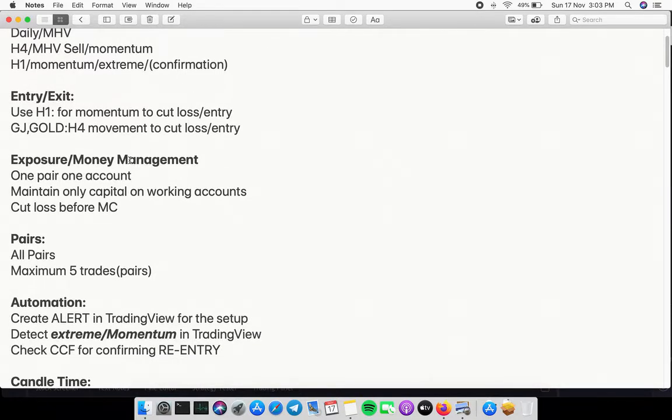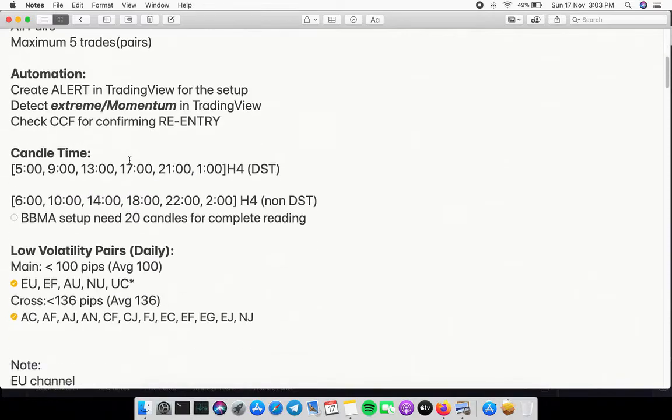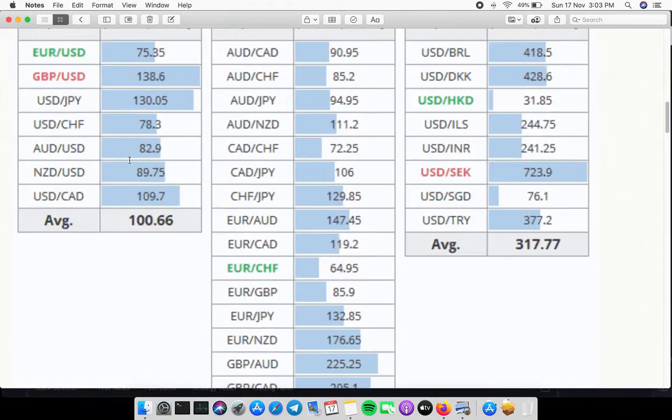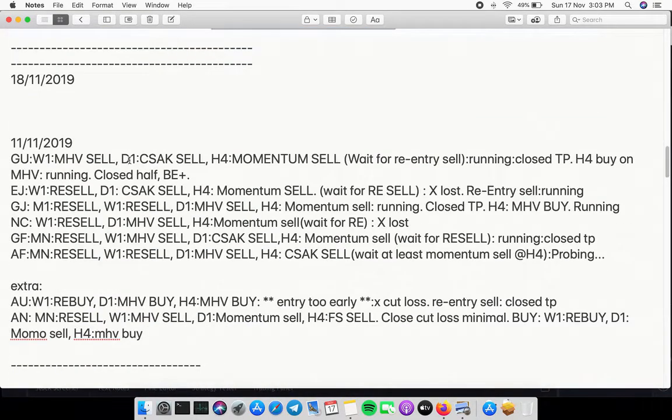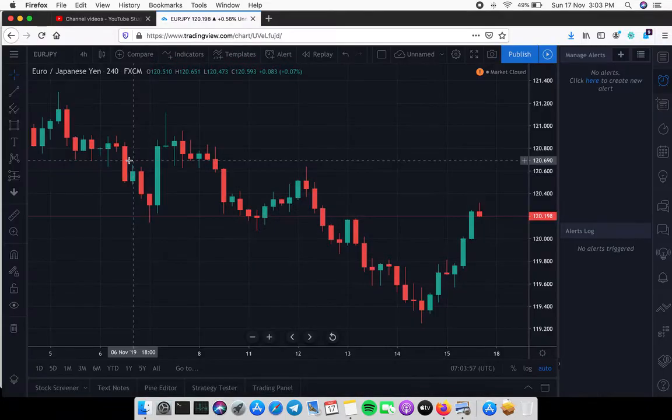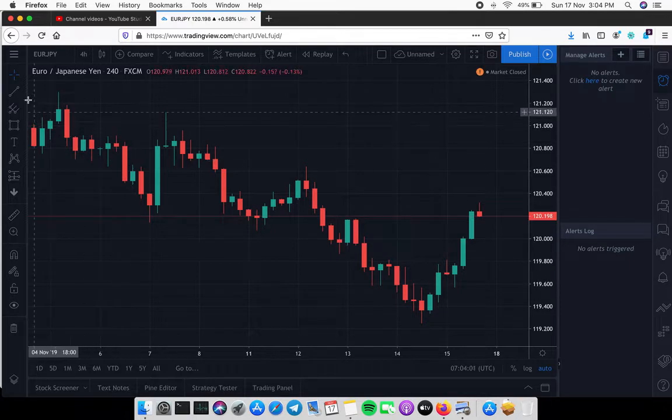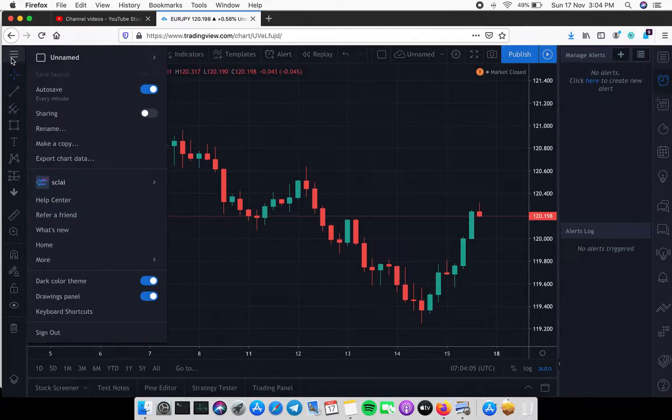So for this week I will show you how to do a full analysis for myself, and we go straight into the chart now. This is TradingView. As you can see, this week I'm using the free account.